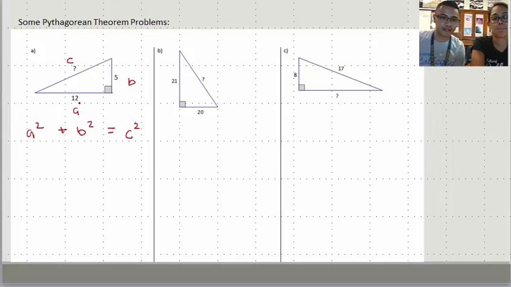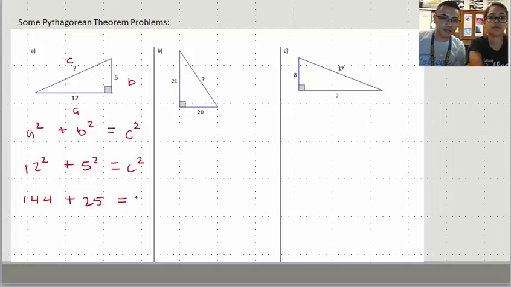once you're in class. So we're going to start off here with 12 squared plus 5 squared equals c squared. And then if you guys grab your calculator, do 12 squared, that should give us 144. And if you do 5 squared, that should give us 25.